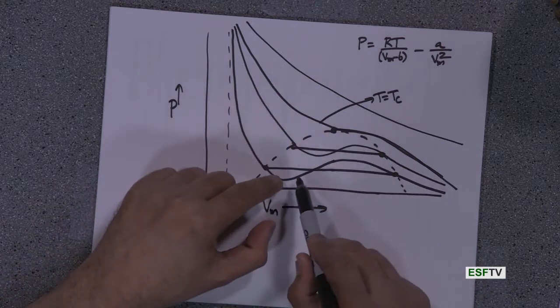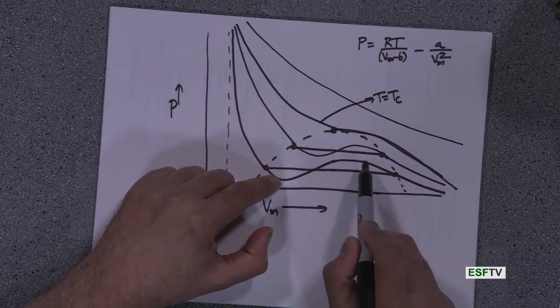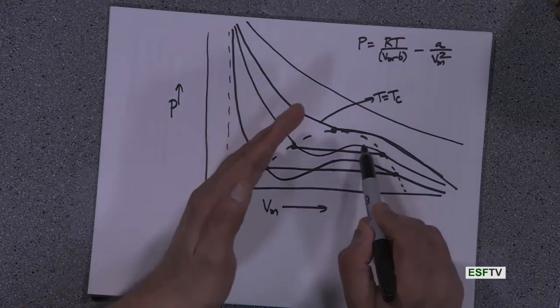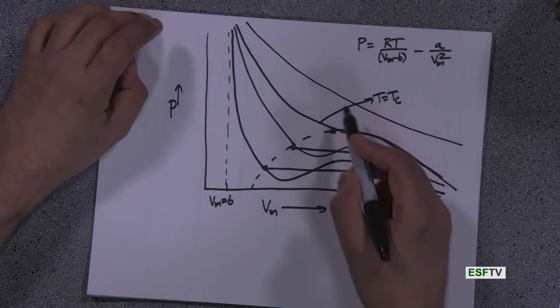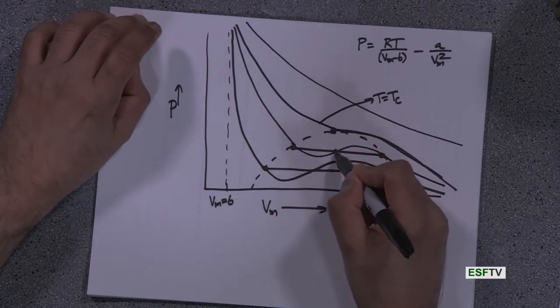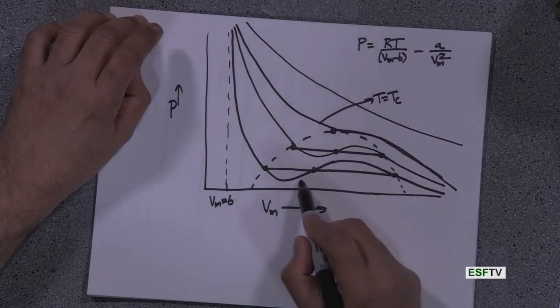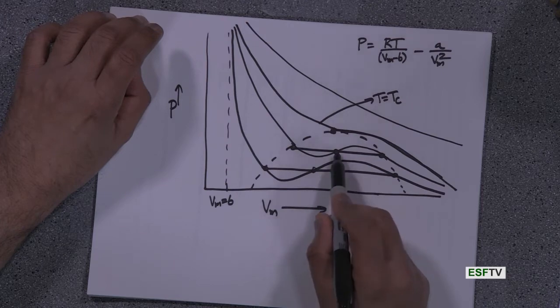That's the temperature at which the trough and the peak, the hill and the valley, get closer and closer until they just merge, lining up on top of each other, and they also line up with the point where the slope on this curve is changing sign.